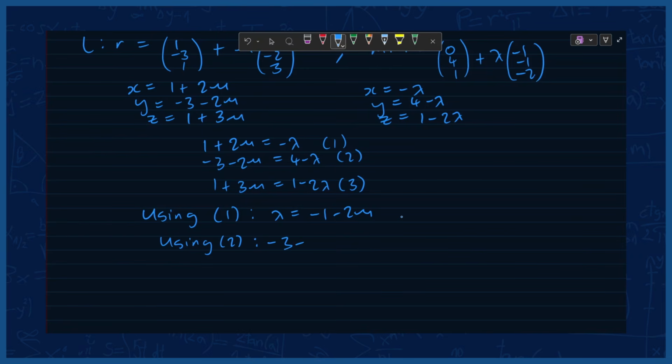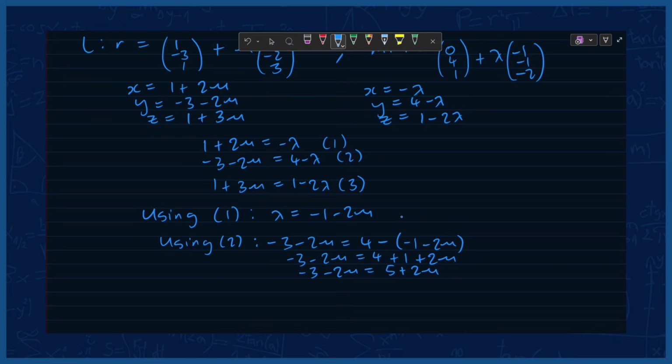So I get -3 minus 2 mu is equal to 4 minus lambda, so that's 4 minus (-1 minus 2 mu). If we simplify, I've got -3 minus 2 mu is equal to 4 minus -1, so plus 1, minus 2 mu, so plus 2 mu. So that's -3 minus 2 mu is equal to 5 plus 2 mu.